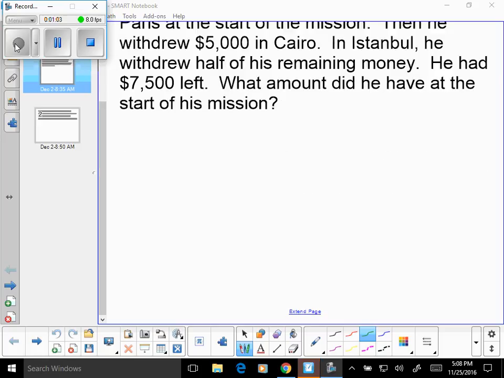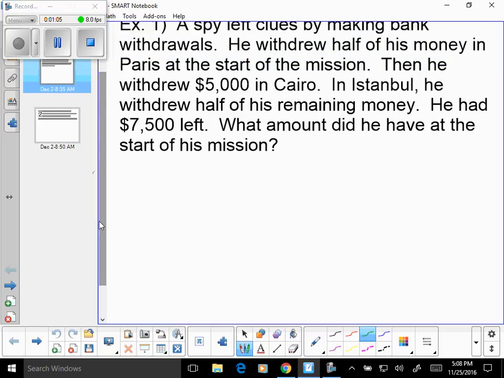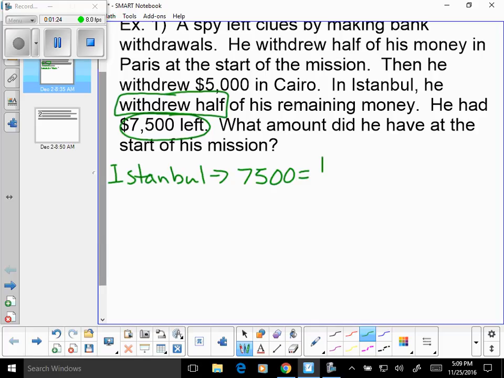If we're starting to work backwards, we're actually going to key on the fact that he had $7,500 left after withdrawing half. So what we really do is establish that in Istanbul, we know that $7,500 had to equal half of his money.